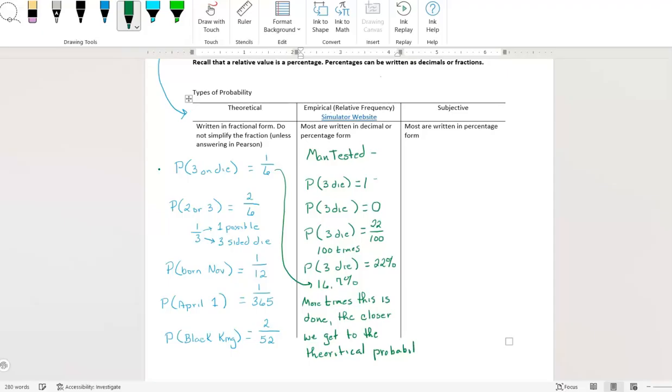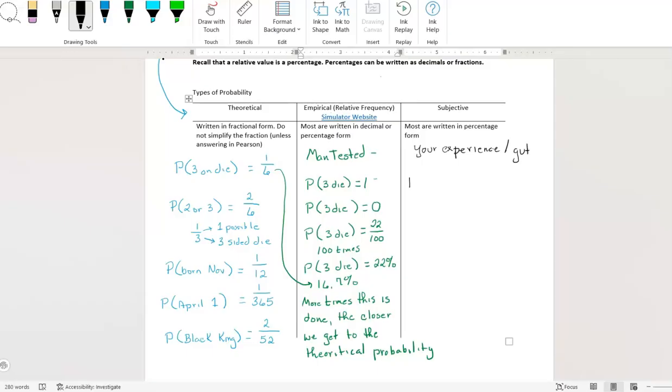Okay, and the last type is the subjective probability. This is really what does your gut tell you? So this is your experience, or maybe what your gut says.